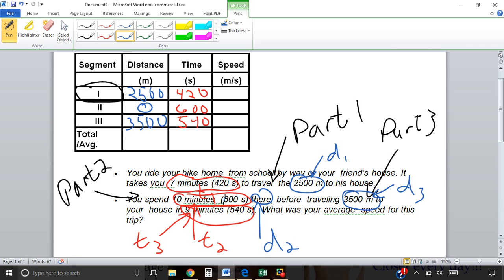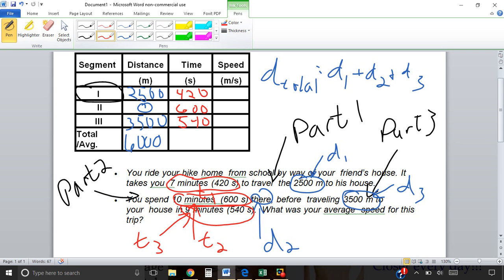Okay, so now your job is to actually find the total distance you've traveled. So if you remember right from our notes, the total distance is D1 plus D2 plus D3, which means you're adding up all of these. That should give you 6,000.